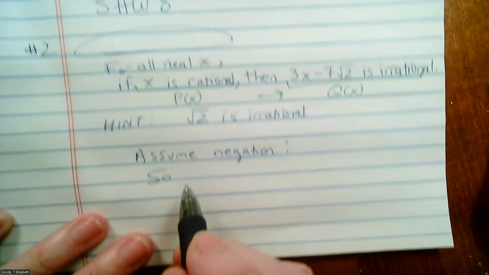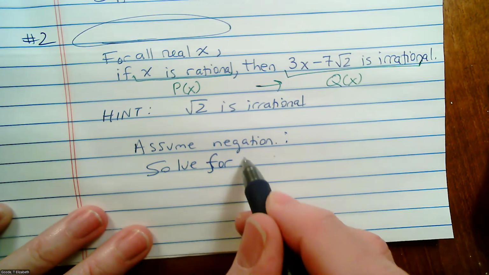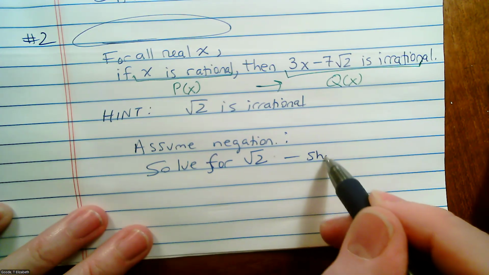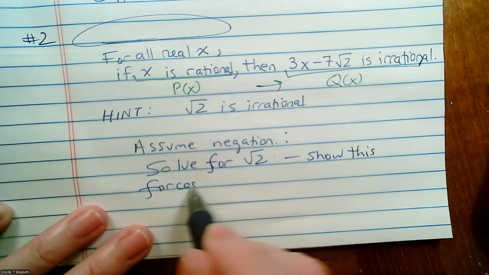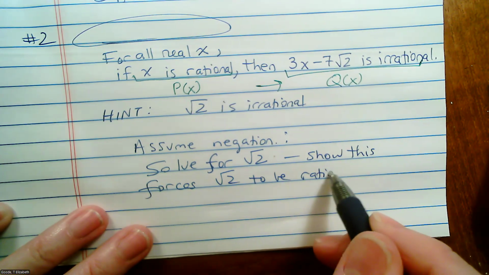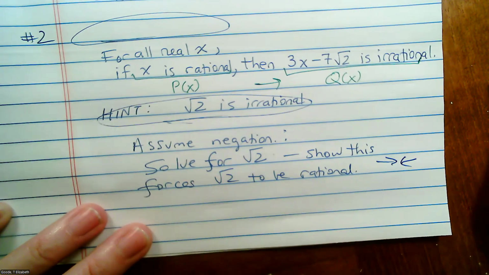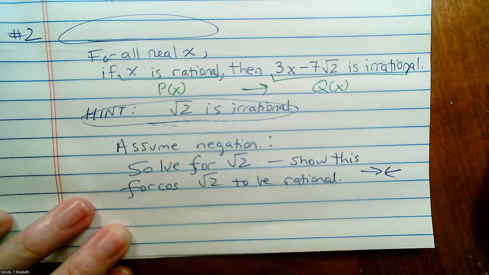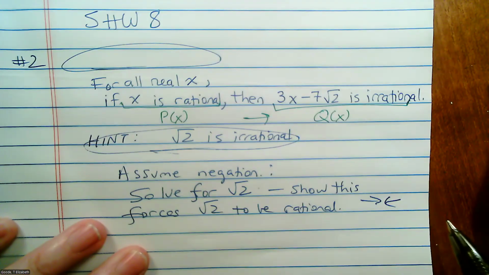And then solve for square root of 2 and show this forces square root of 2 to be rational. That's going to be a contradiction because we know square root of 2 is irrational. So that's the way that you work that one.